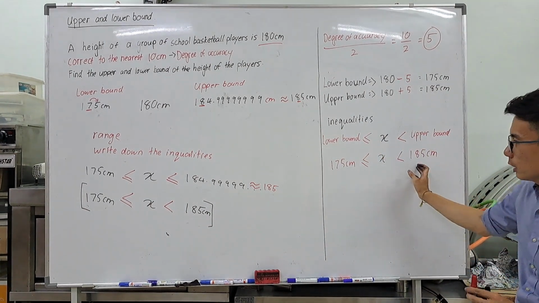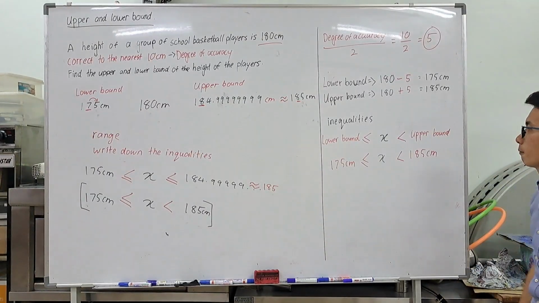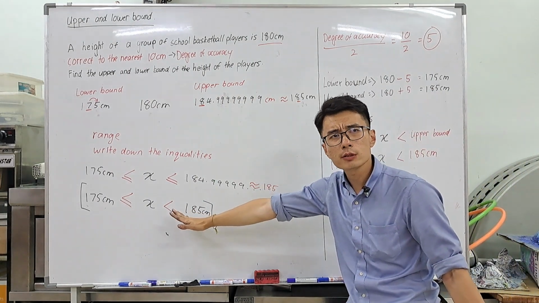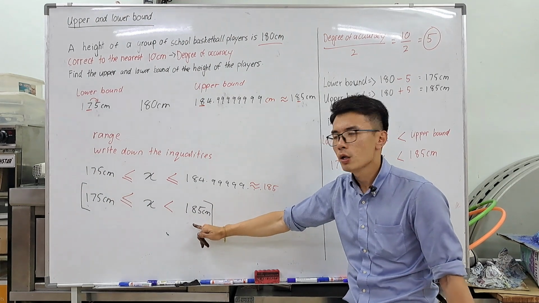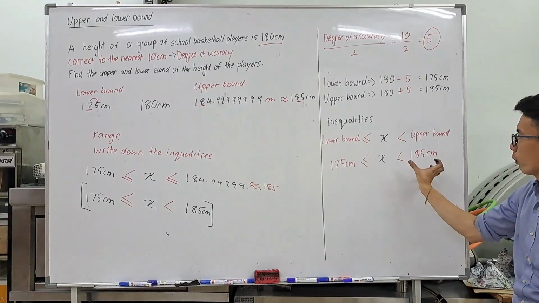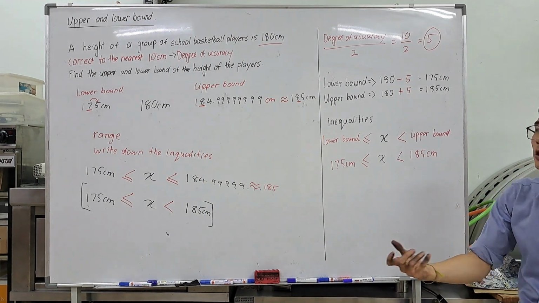Now take a look. The answer is exactly the same, right? But why am I showing you this way? First, because I want you to establish an understanding: how do we get this value, and why do we use this sign instead of this sign? When we look back over here, I hope you can get the idea already.